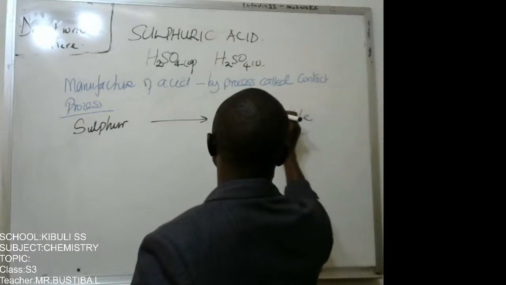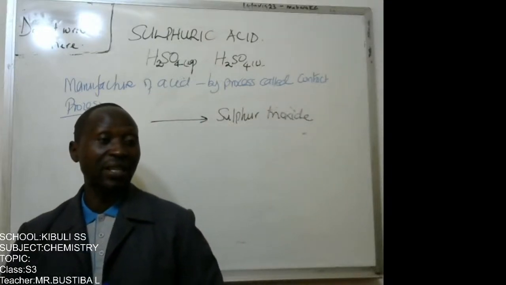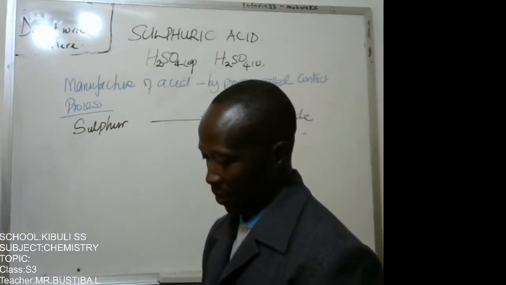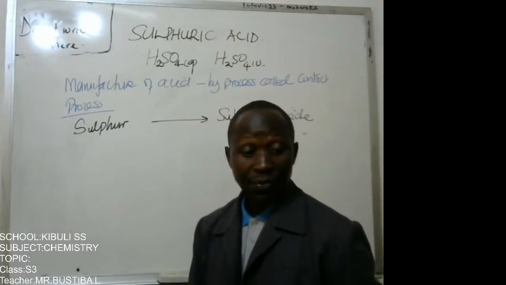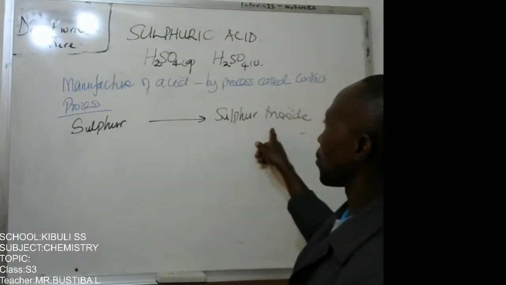It therefore means any student is capable of identifying the raw materials that we use in the manufacture of sulfuric acid. So how do we convert sulfur to sulfur trioxide?